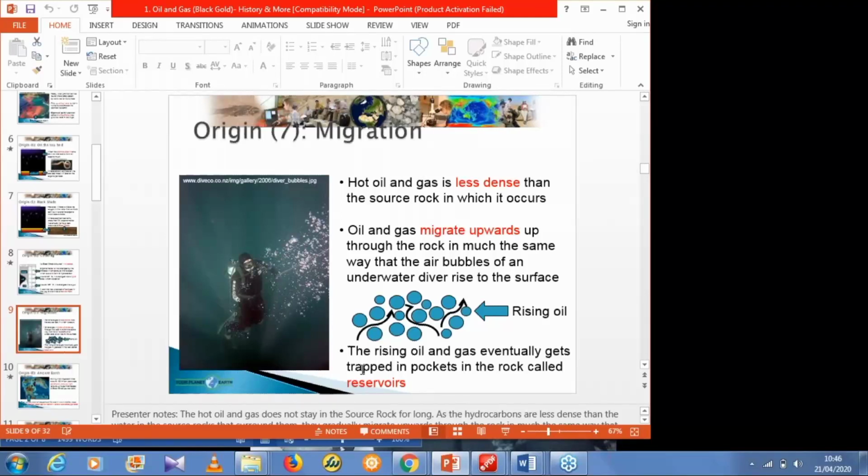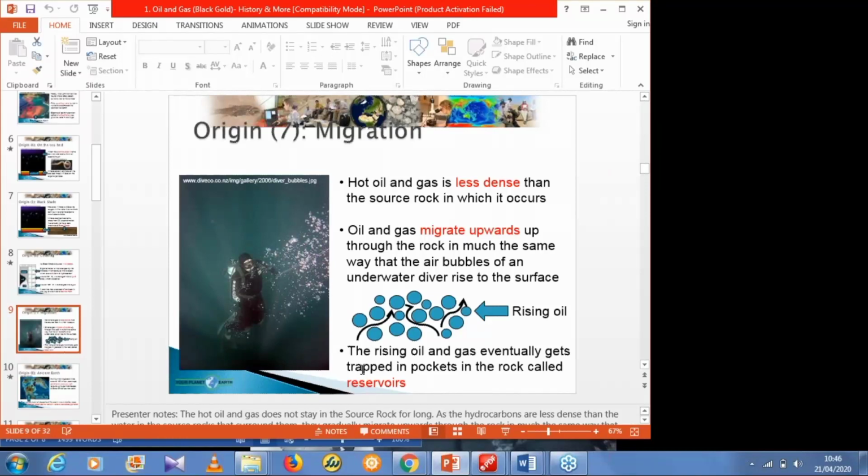Because of the unevenness of the formation of these rocks, we already have some spaces like pockets or cavities within the rock.